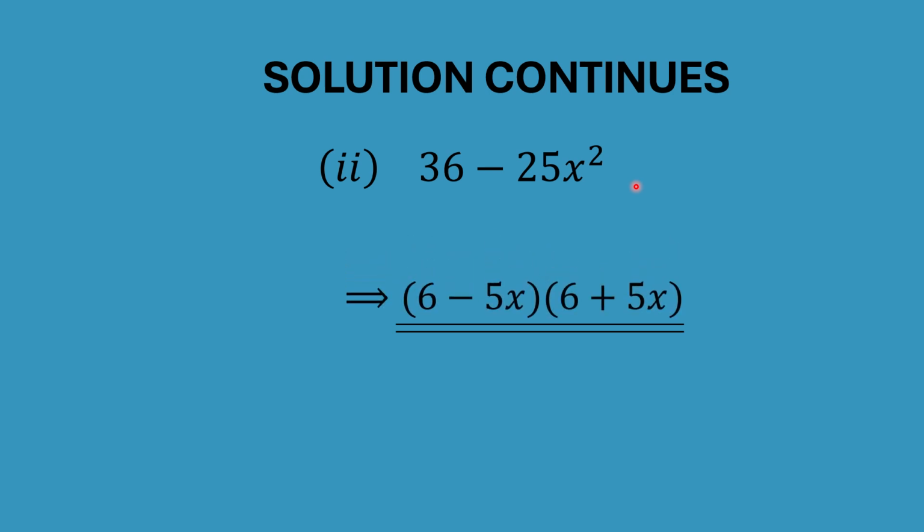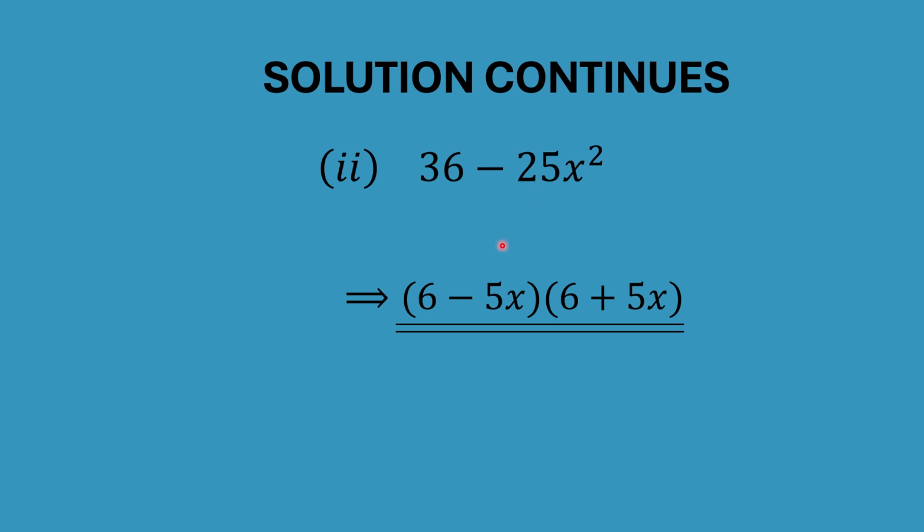Great. So when you factorize this, the answer is going to be 6 minus 5x, 6 plus 5x. Why is it that in the brackets we're having negative 5x and positive 5x? It is because we are subtracting 25x squared in the equation.